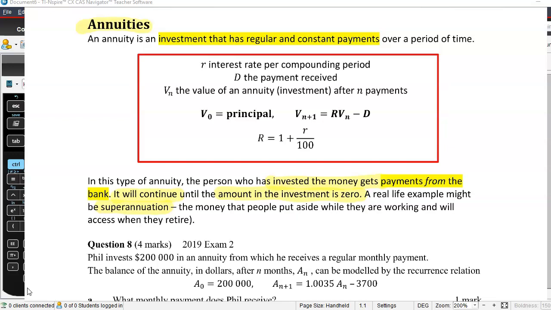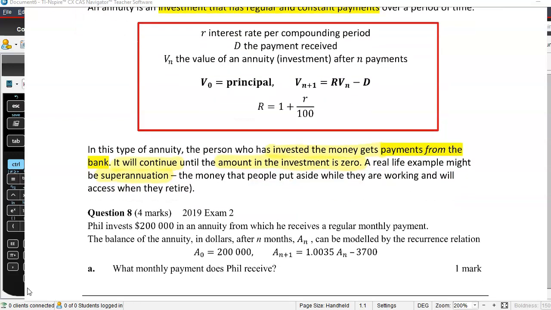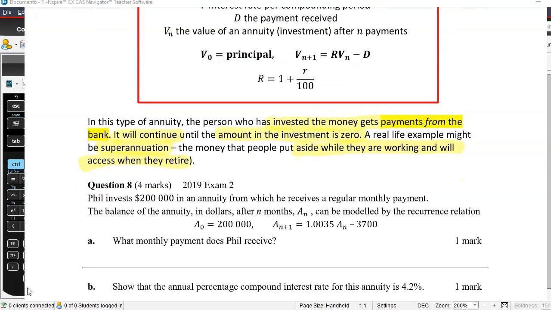It's money that your employer puts aside, or you might put aside yourself, for when you retire. And then when you retire, you take the money out. And that will help fund your life in retirement, because you're not obviously earning an income then.